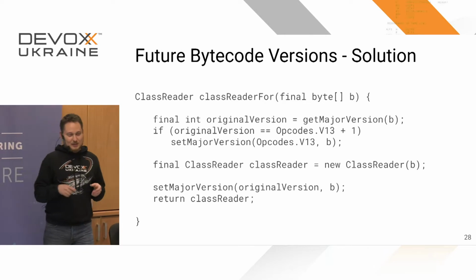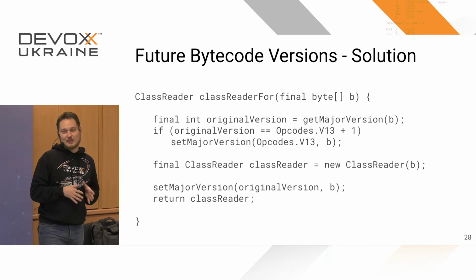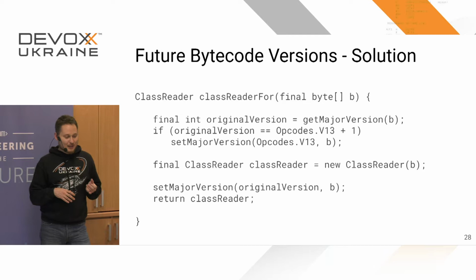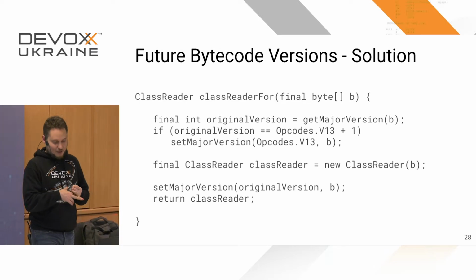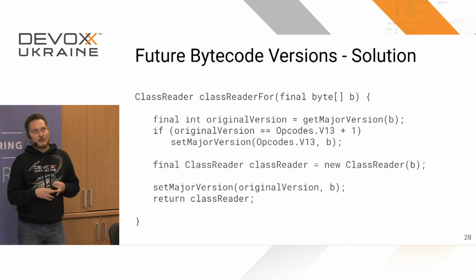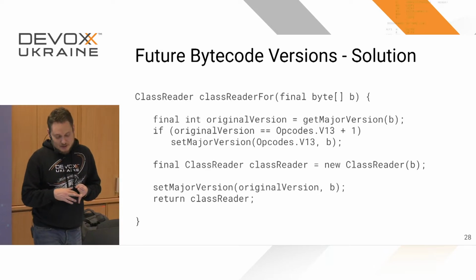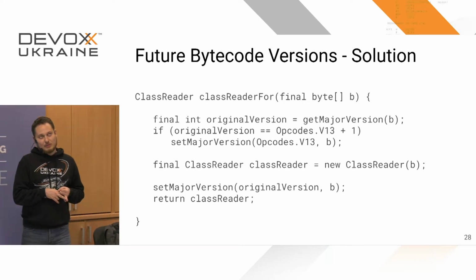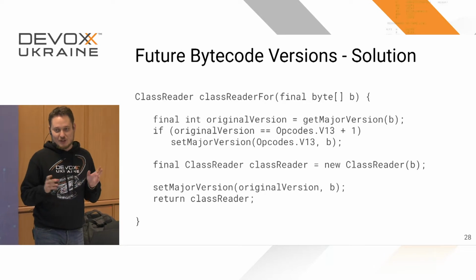This works as long as the increment really doesn't introduce new bytecode instructions. So it worked like for 14, there was no new bytecode introduced. It worked for 9. It worked a little bit in between. This trick is not going to work probably for 14, because maybe there will be records which would change the bytecode.